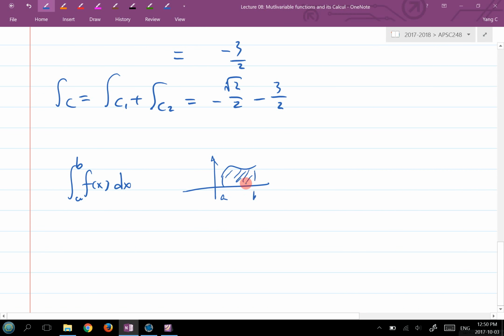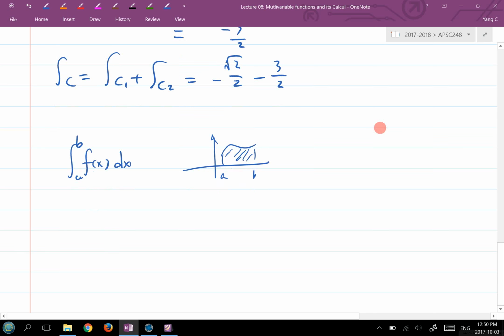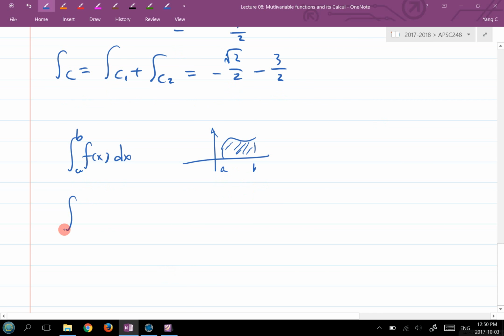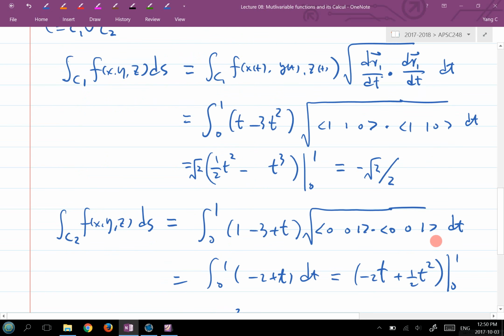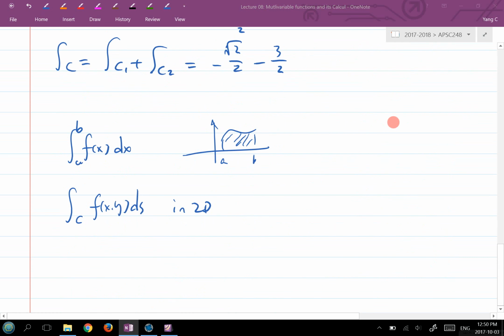We also mentioned that a similar analogy means I'm considering a curve C in 2D space. Like the example we did here, it's for curve C in 3D space. You can get rid of one variable, and then it's a line integral in 2D space.